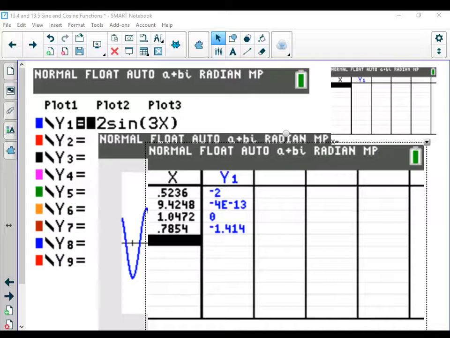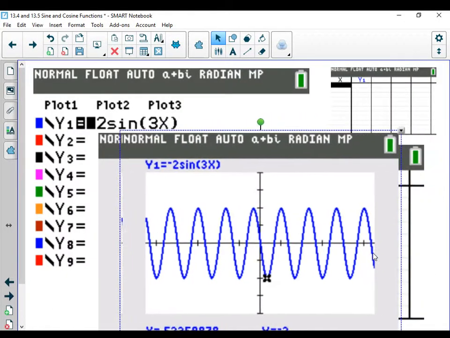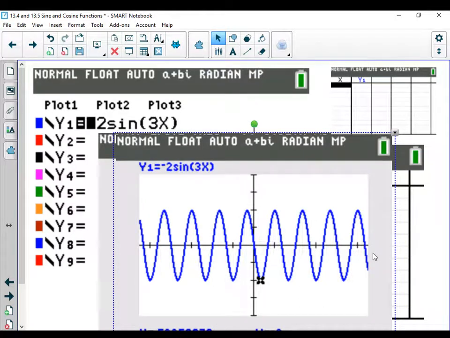Well, I want to know what y equals if I type in pi over 6. Oh, it told me it's at -2. So that's another way to do it, if you wanted to do the table set, or if you wanted to use the value function on your calculator.